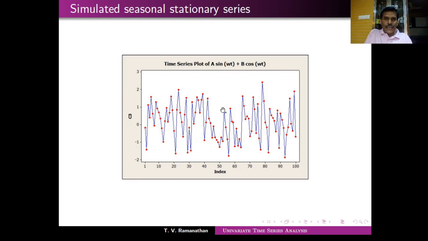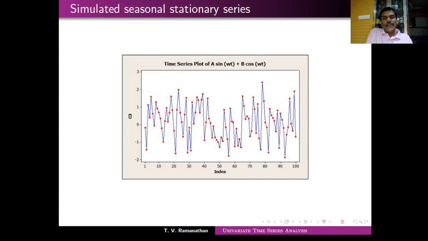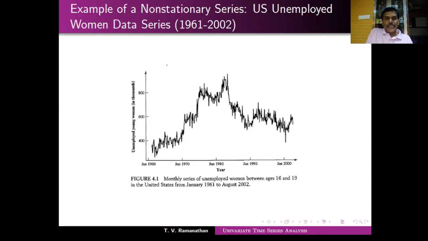This is, of course, generated observation. About 100 observations are generated, assuming that A and B are independent normal 0, 1 random variables. And then you computed this. So you can see how the process looks like. It is seasonal. Its seasonality is very visible here. But still, we have proved in the previous slide that it is stationary.